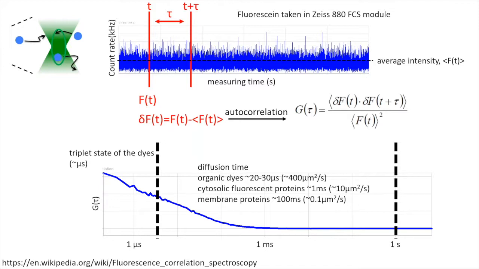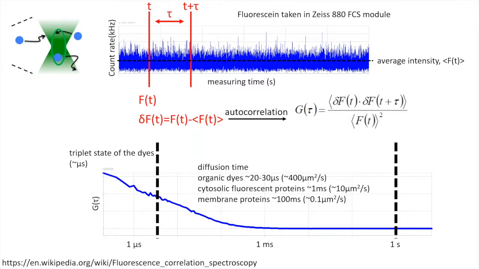You can see the decay is pretty fast. But if you do this in a live cell, for example with a cytosolic fluorescent protein, the diffusion time is around 1 millisecond, so you will see the decay shift around here. And if it's on the membrane, the diffusion is even slower, so you can see the shift of your diffusion.